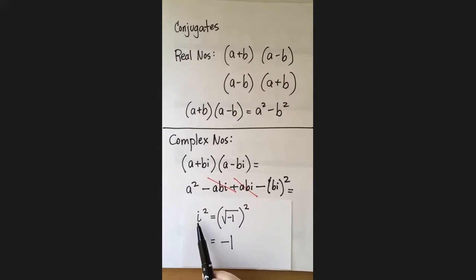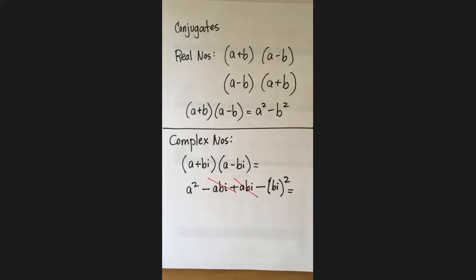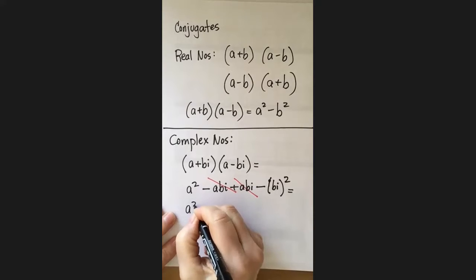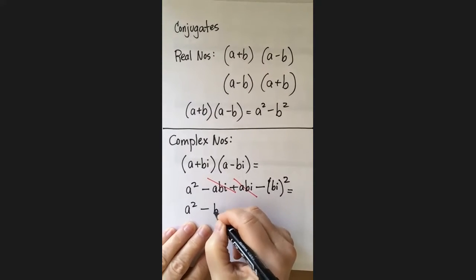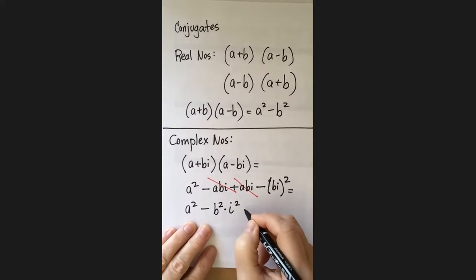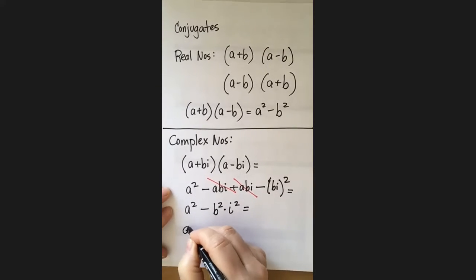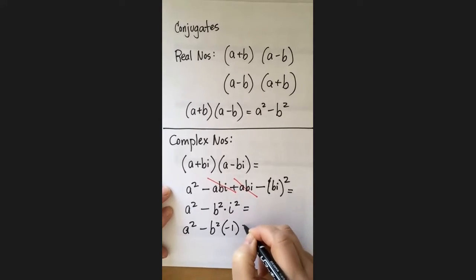So I squared is equal to minus 1. So let's see what this does for us. This gives us A squared minus, well, we can distribute this, B squared times I squared, which is going to give us A squared minus B squared times minus 1.